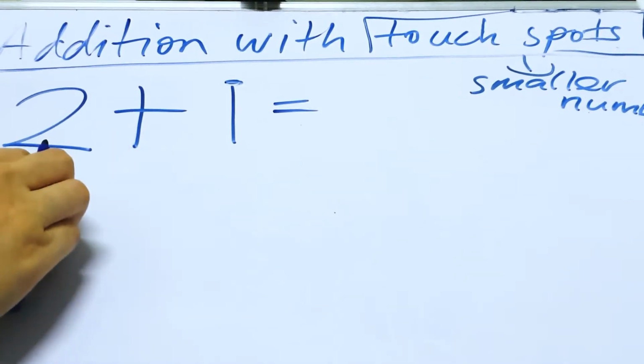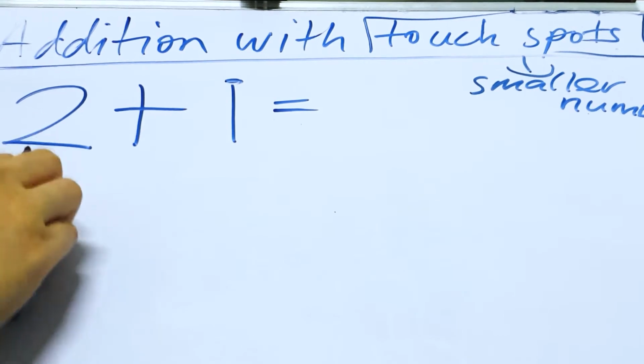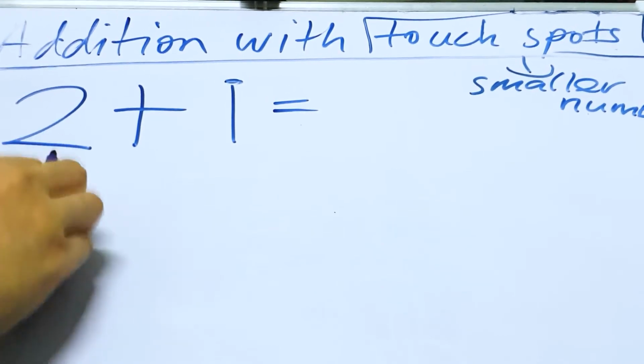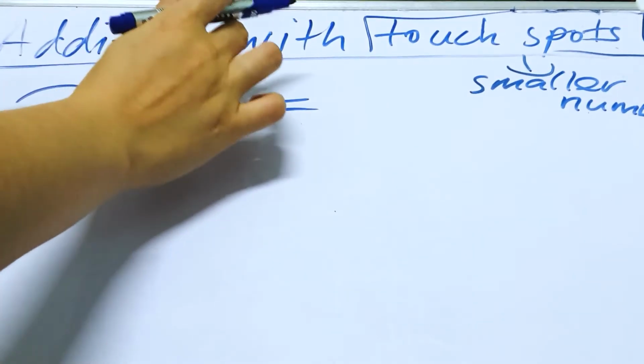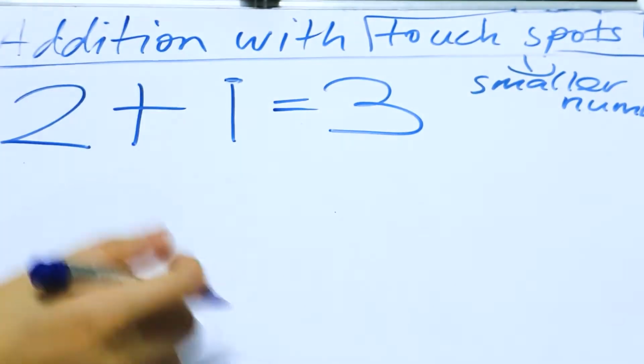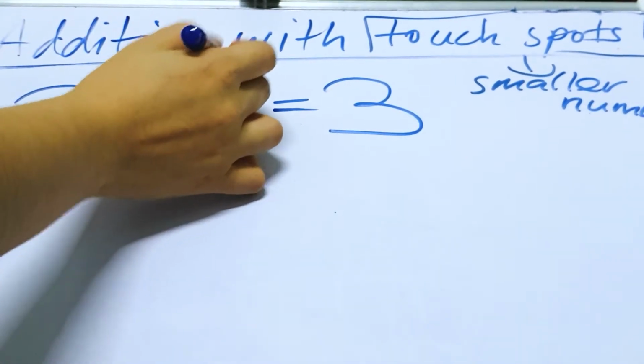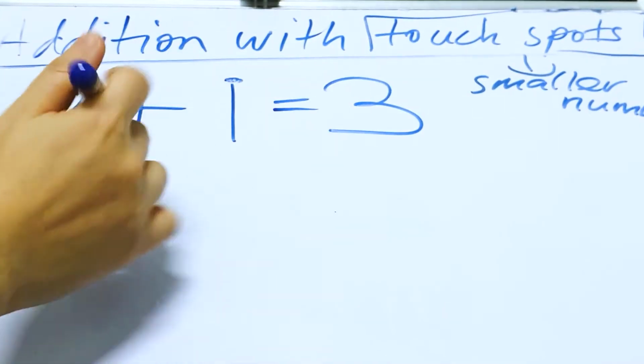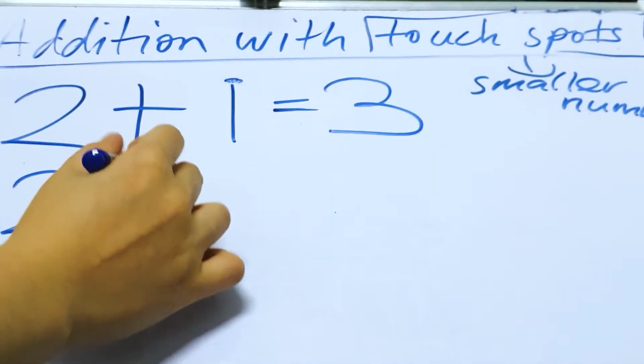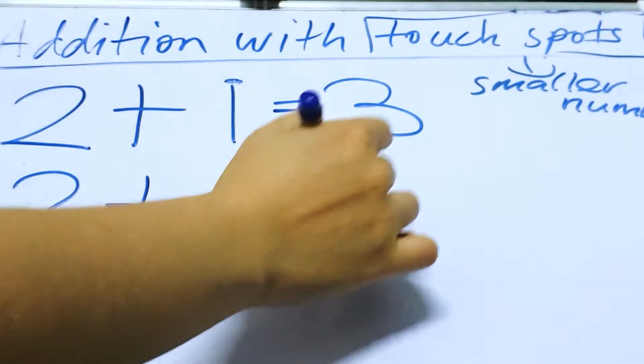Bigger number always in your head. So it will be 2 and 3. What is after 2? It's 3. The answer is 3. Now if I have another number, 2 plus 4, for example.